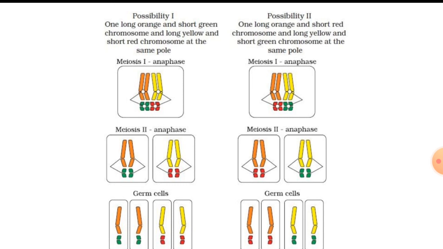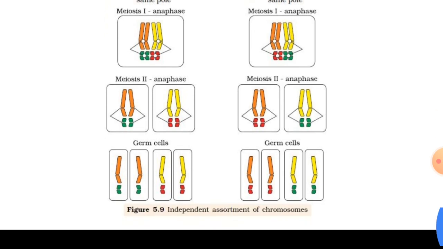Then during meiosis, what happens? They separate, and the ultimate results of independent assortment are formed in possibility 1 and possibility 2. So by taking these 4 chromosomes, you can see the net results in the germ cells, the 2 possibilities of the combinations which can be formed.